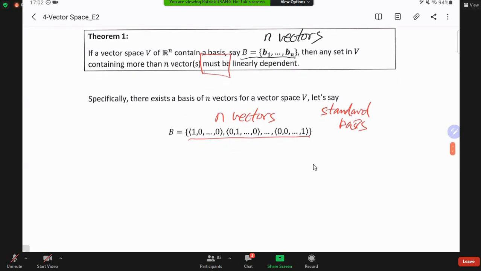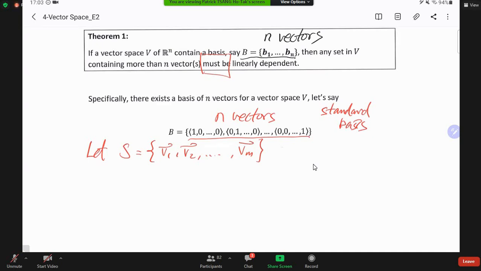Now, let capital S be another set containing some vectors, v1, v2, and so on, up to vm. Suppose there are m vectors.